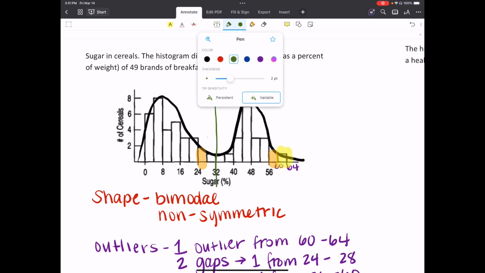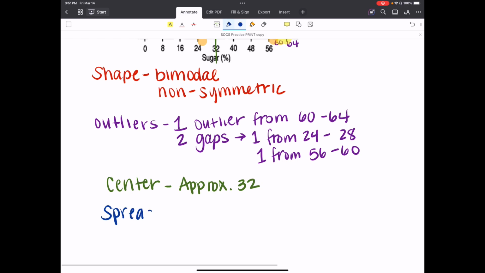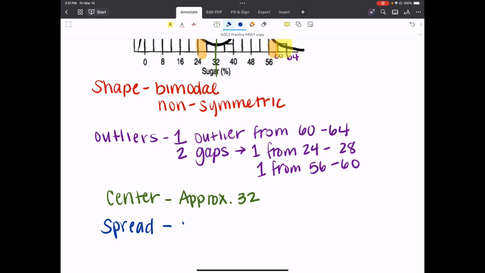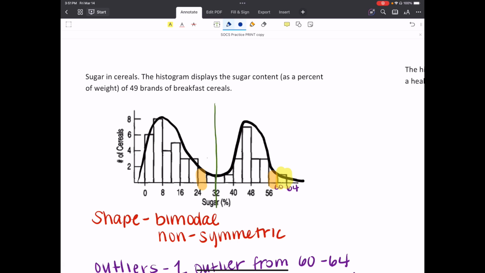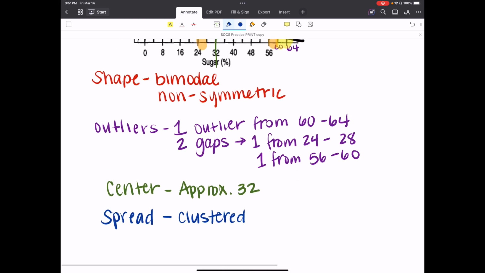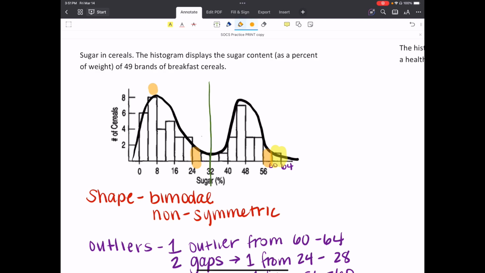Then lastly, we're going to talk about the spread of the graph. So spread, we are going to talk about how it's clustered. And all that means when I say clustered is how the bars are up here. Are the bars spread out? Are they more clustered together? So this one is clustered around the extremes. So remember, extremes means the maxes, which is like here and here.